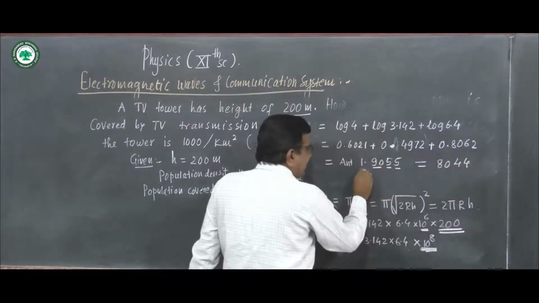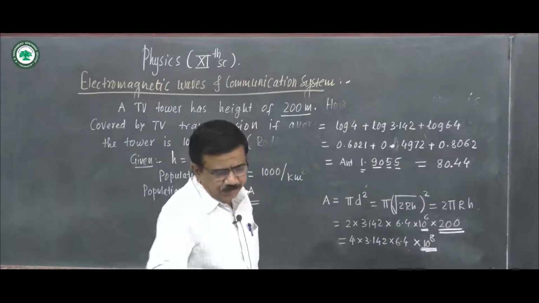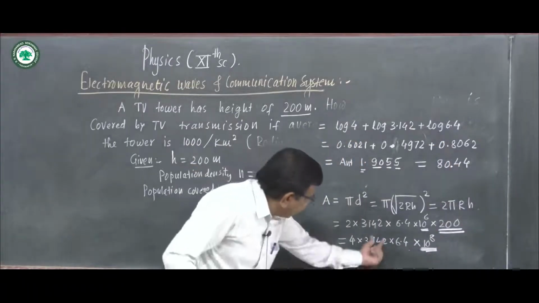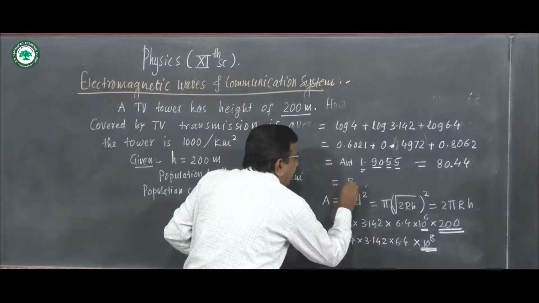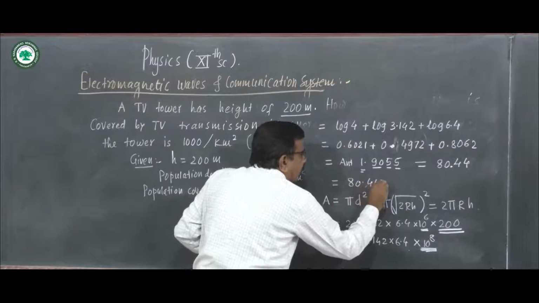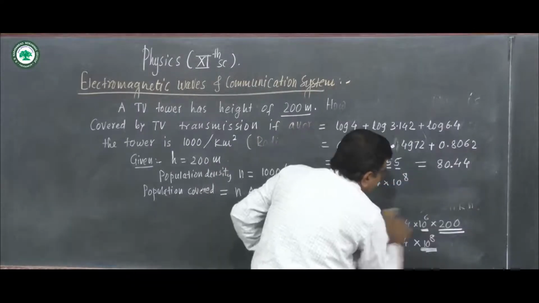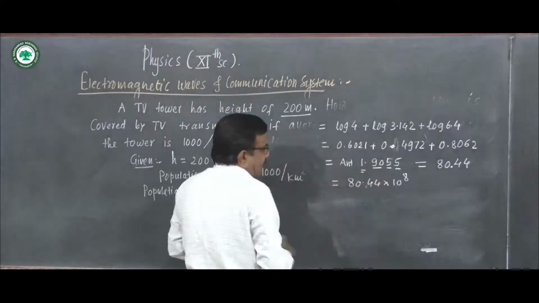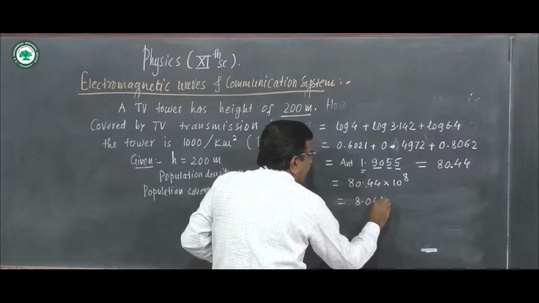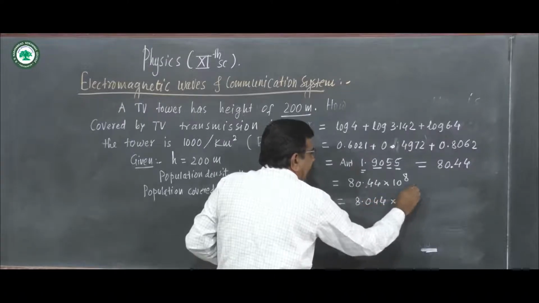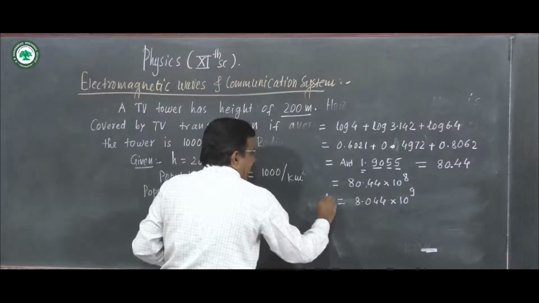As here there is one decimal point, 80.44, but already there is 10 raised to 8. So 80.44 multiplied by 10 raised to 8, or we write it as 8.044 multiplied by 10 raised to 9 by adjusting the decimal points. This is the area covered.